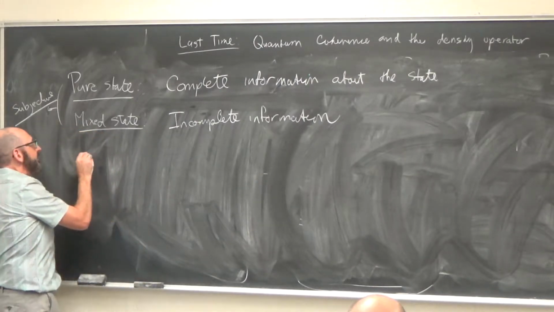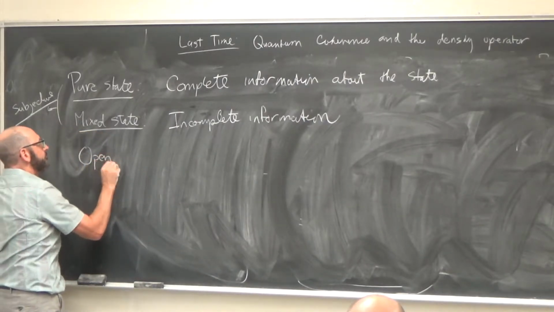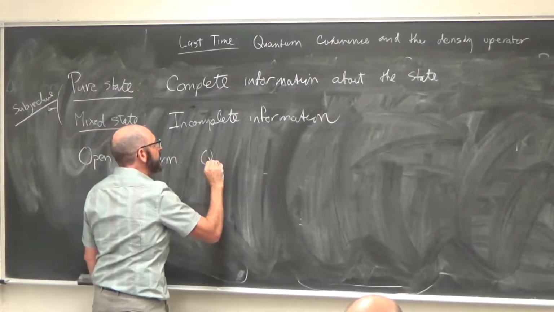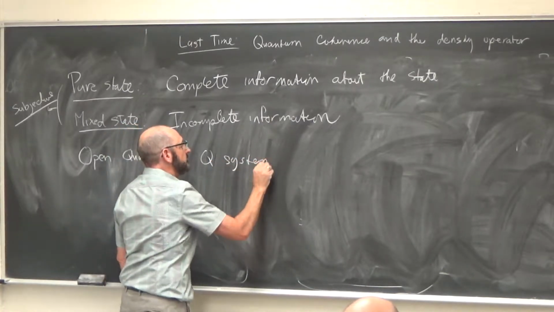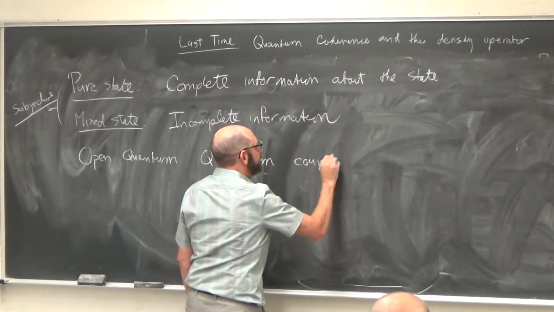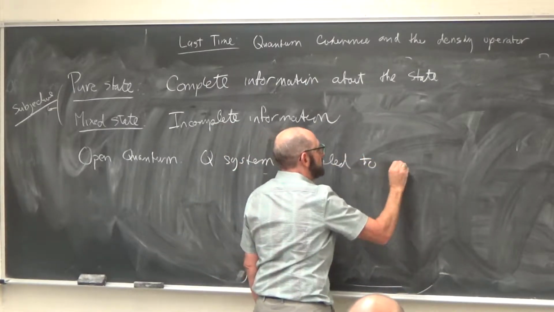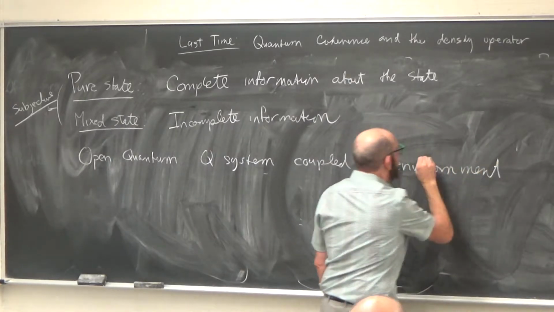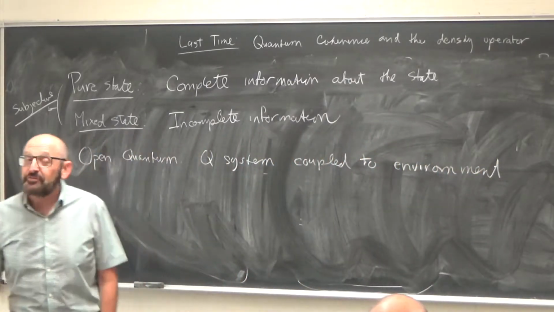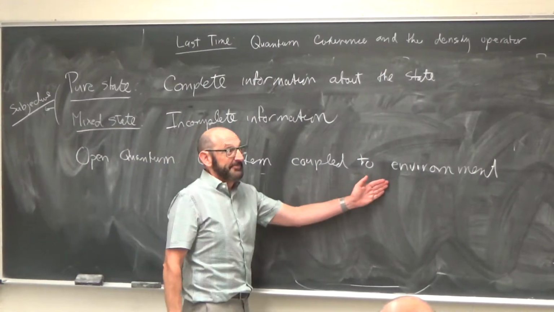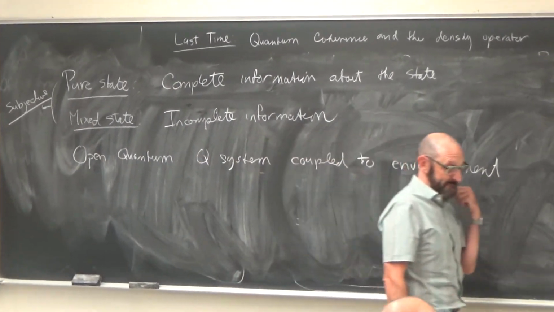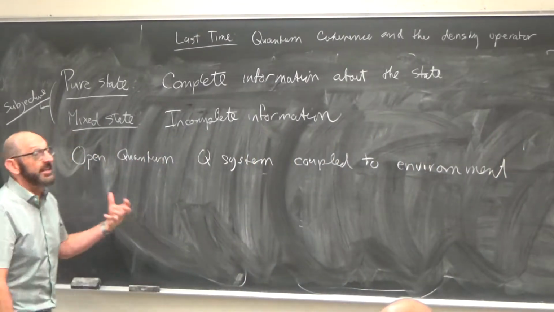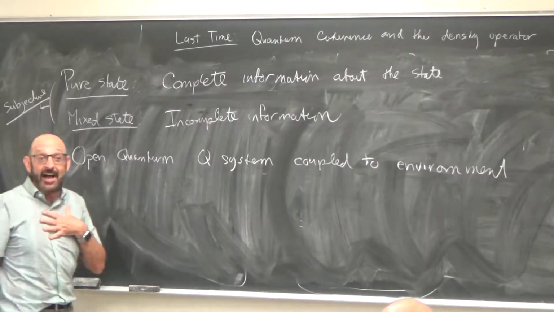So if we have an open quantum system, meaning that we have a quantum system coupled to an environment, then the degrees of freedom in the environment might be correlated with the degrees of freedom of the system, and have more information about the state of the system than I have.